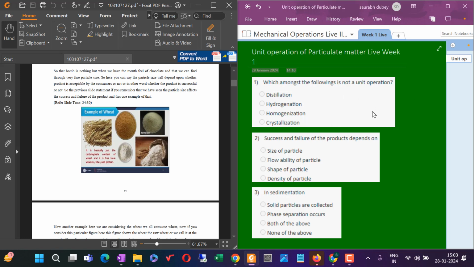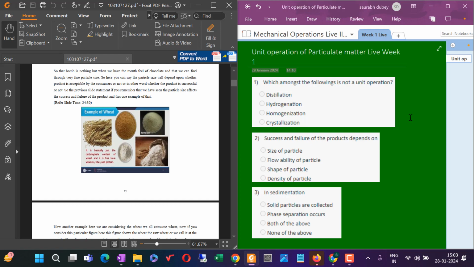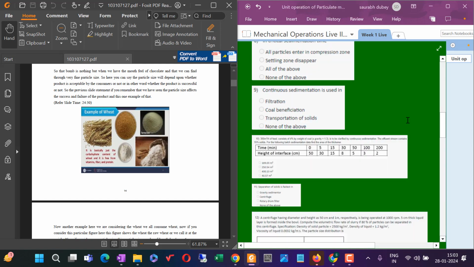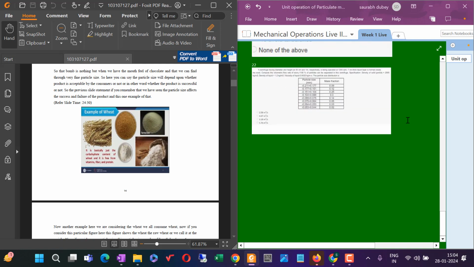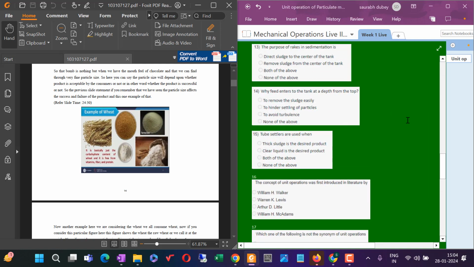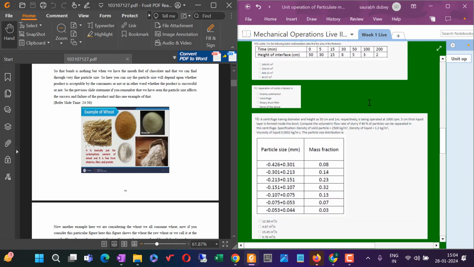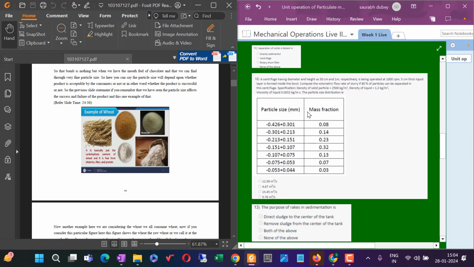Along with that, the numerical practice, like one example for each in the lecture has been already explained, for the centrifugal sedimentation and another one for the batch sedimentation. But here we will be having a thorough solution for the same.